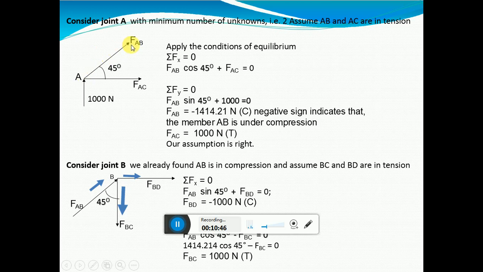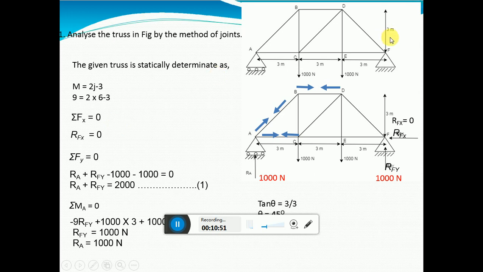Yes, it was pointing towards B, but from B joint, how it was showing? From B joint, it was showing outside. Now we found out that the arrow mark shouldn't have been like this. It should have been in the opposite direction.